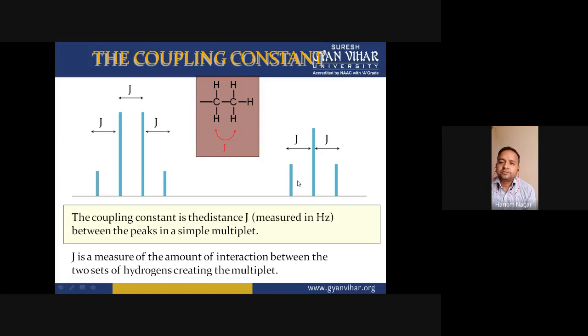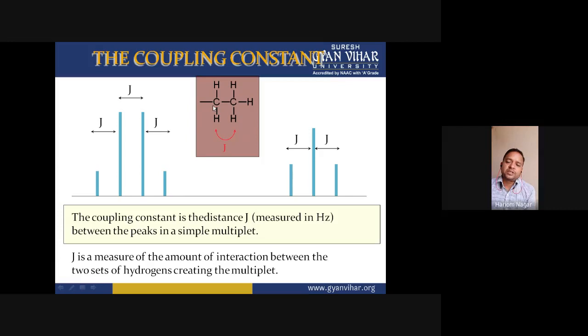This signal splits into three peaks, one, two, and three, for these CH3 protons, because these protons interact with the three spin orientations of these two protons. For two protons, three spin orientations are formed. How can you explain this? There is the possibility that both protons spin in the clockwise direction; that is the first spin orientation, and for this a peak appears.